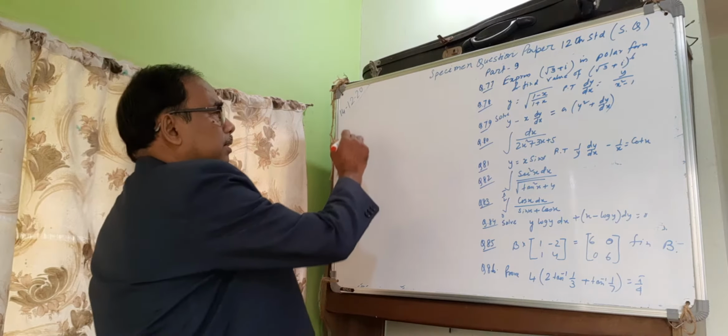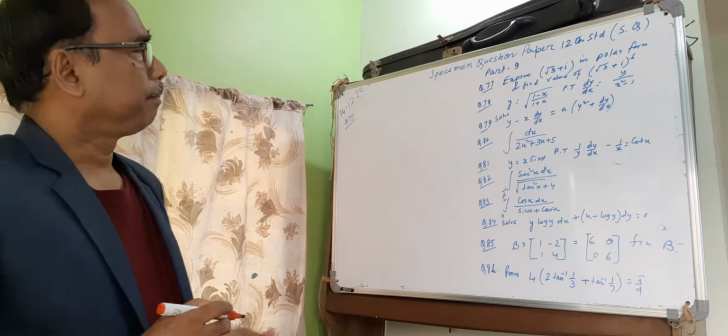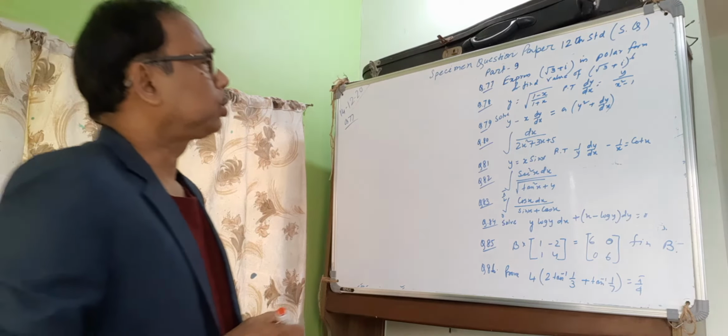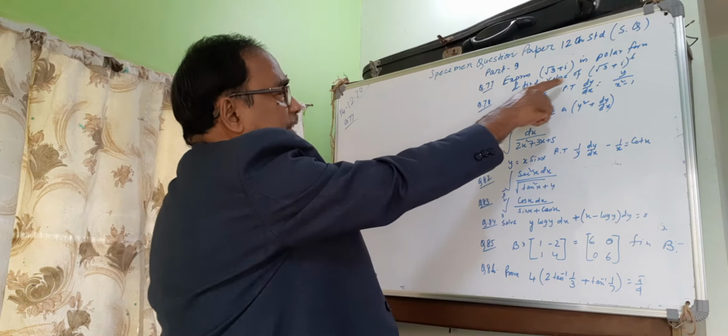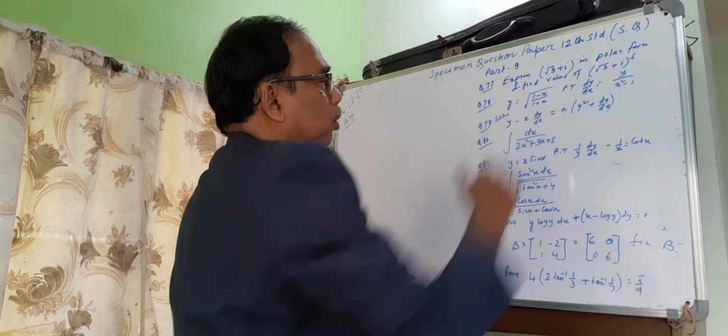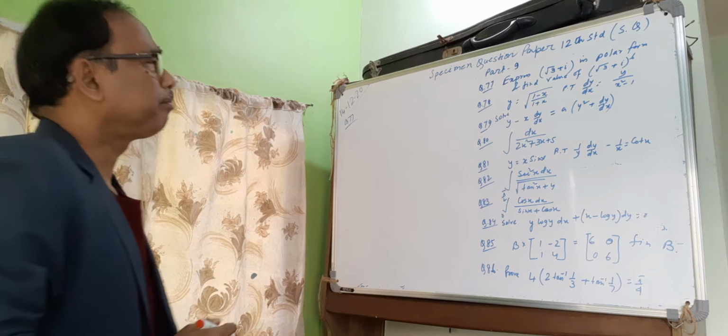Question number 77. Express root 3 plus i in polar form and find the value of (root 3 plus i) whole to the power 6. It is a complex number sum.